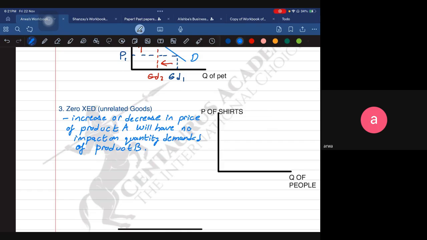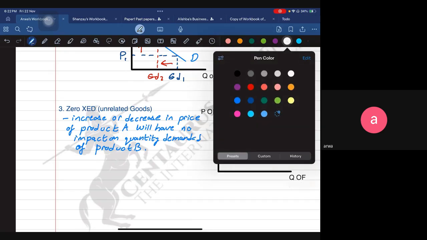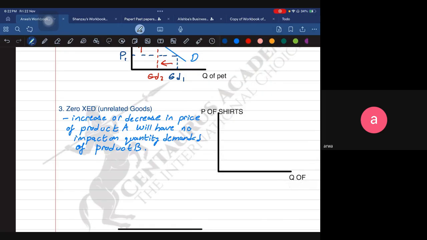My guy made a very funny mistake here when he was preparing this. Actually, here the quantity was of apples, and he wrote people. So quantity demanded of people. No problem, we are going to just make it right here.